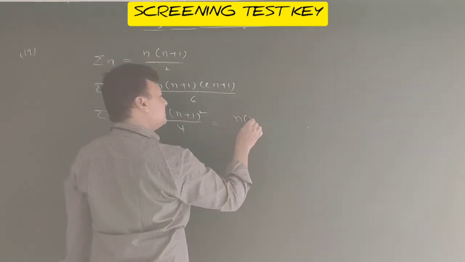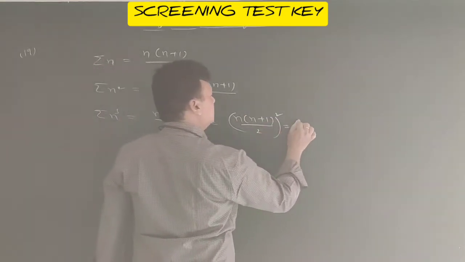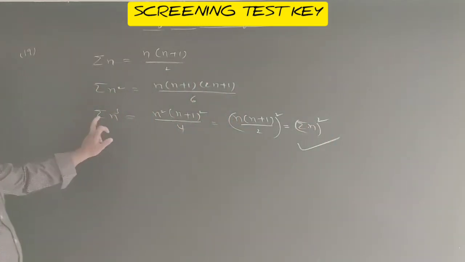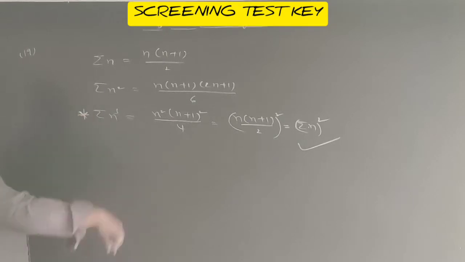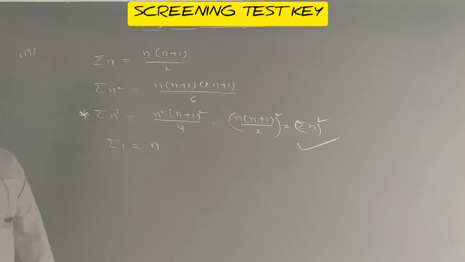This one we can write in terms of n into n plus 1 by 2 whole square. That is sigma n whole square. So sigma n cube is the perfect square. Sigma 1 is n only. So here the perfect square is sigma n cube.